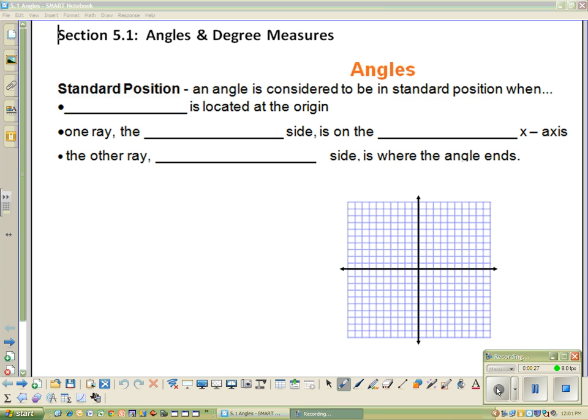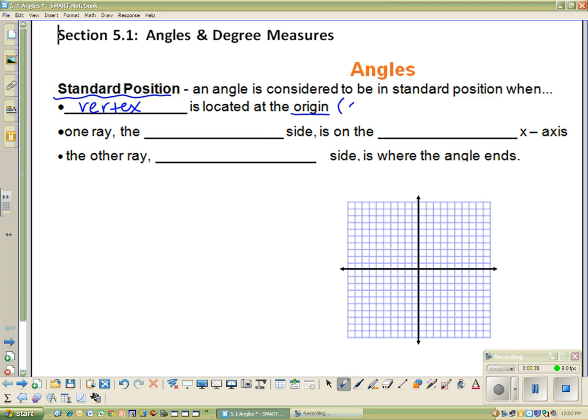And an angle is considered to be in standard position when its vertex is located at the origin. And the origin, we're talking about that location 0, 0.